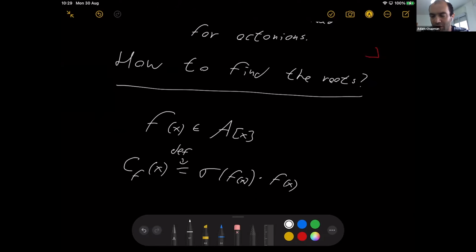Since it's a central extension of the Octonion algebra, the sigma extends naturally to A[x], and it behaves in essentially the same way. You have a center, which is the ring of polynomials over the original field, and the moment you multiply sigma of a polynomial times the original polynomial, you get a polynomial over the field.